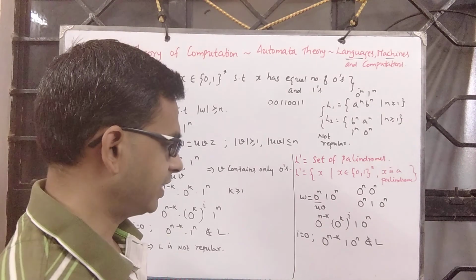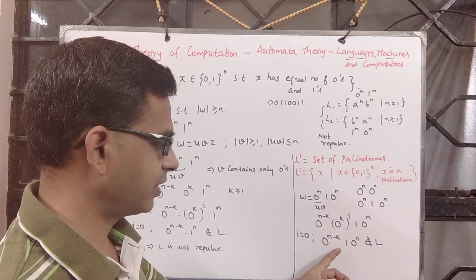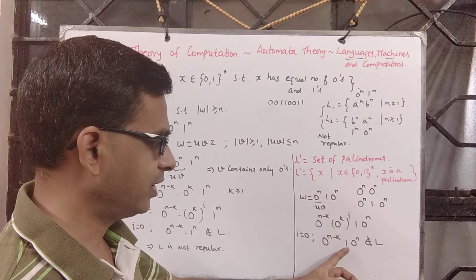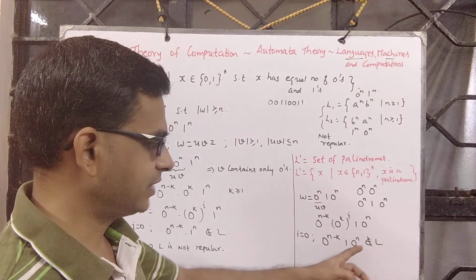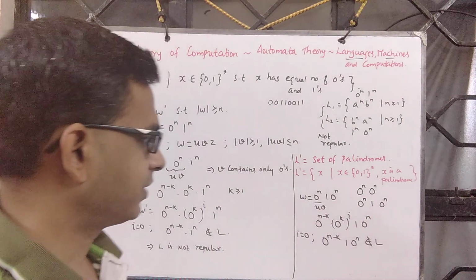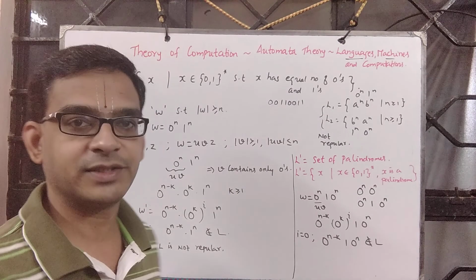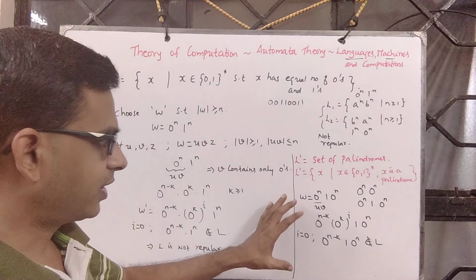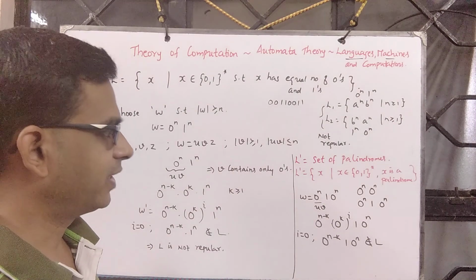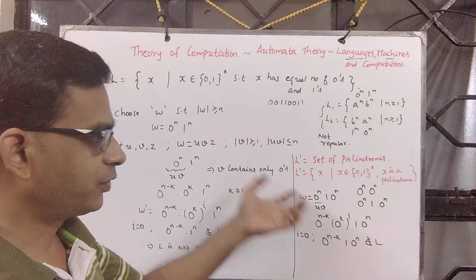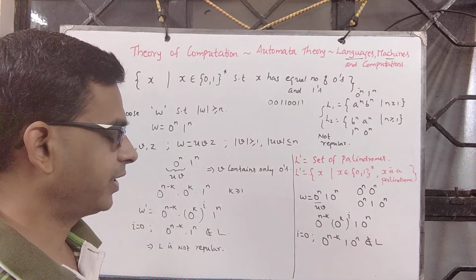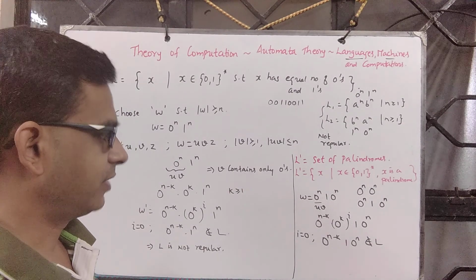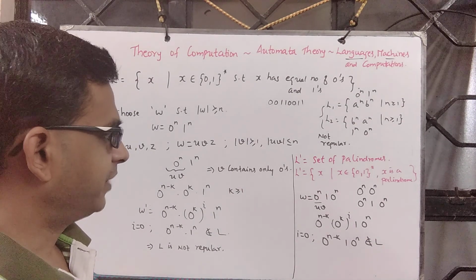So from left it is at most n minus 1 zeros followed by 1, and from right it is n zeros followed by 1. So clearly there is a mismatch. Similar proof technique one can give if x is an even palindrome, x is an odd palindrome, and things like that.